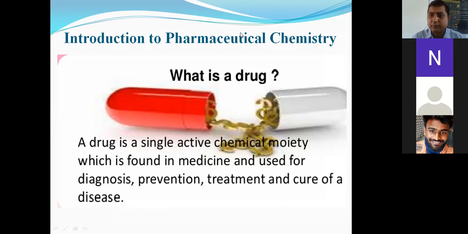Organic compounds are made up of carbon, and inorganic compounds are made up of atoms other than carbon. I told you that you discussed inorganic chemistry last year, and in this year we will discuss organic chemistry.